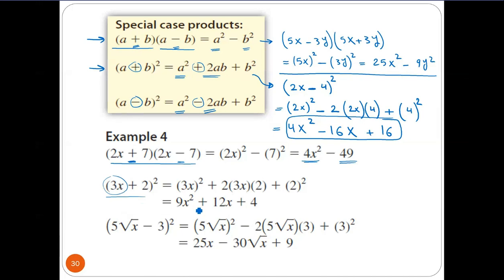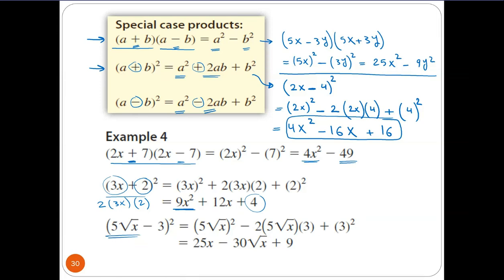The first square 9x square and 2 multiplied by 3x multiplied by 2. So we have 2 multiply 3 multiply 2, 12x, and the last square, this is the 4. Okay. Also look at this.